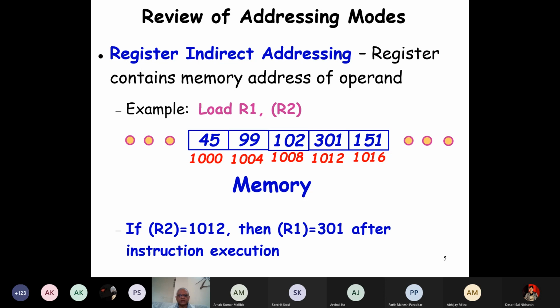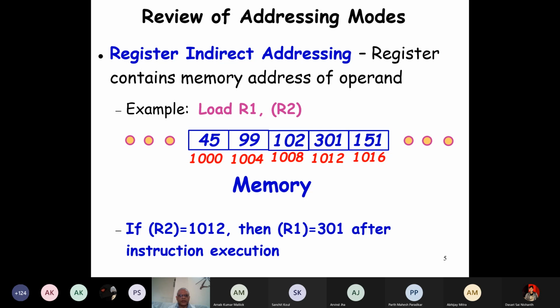We go to the register R2, find out what address is stored, and then fetch the operand from that address. R2 contains the memory address of the operand, and there is an indirection, and this is the register indirect addressing mode.